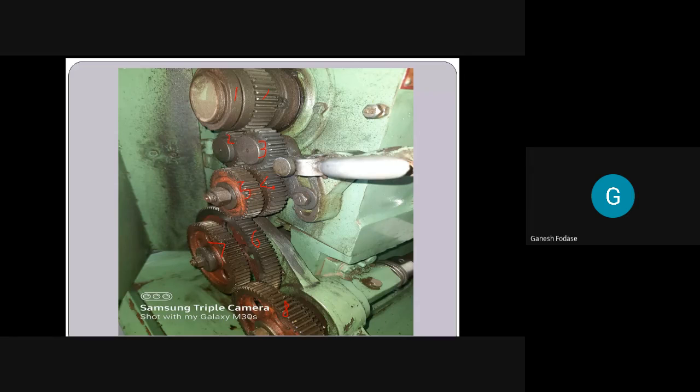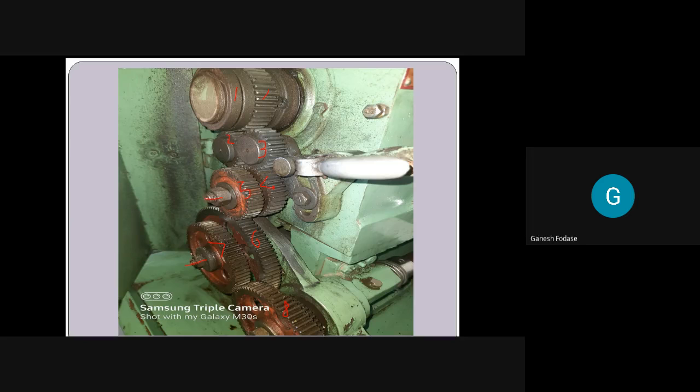So there are a total of 8 gears in the gear train, and you can see that this shaft as well as this shaft consist of more than one gear. Hence the gear train that we consider is a compound gear train.